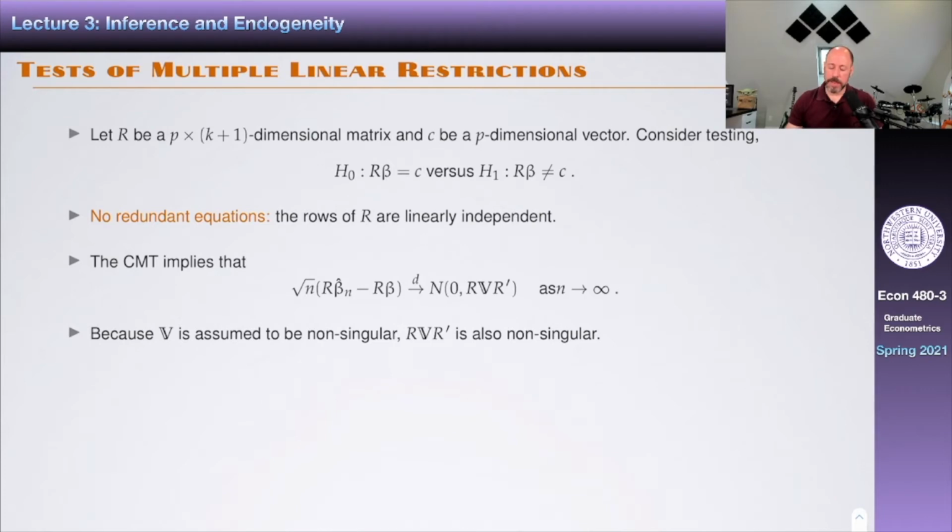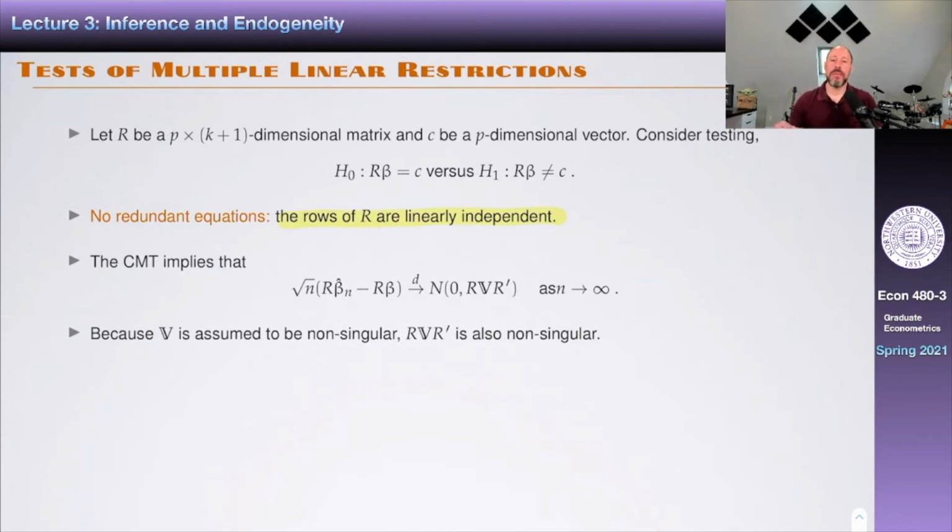We're going to consider testing the null hypothesis that R beta is equal to c versus the alternative that this doesn't happen. And one of the assumptions that we're making here is that the rows of R are linearly independent. Remember, R is a matrix of restrictions that you choose. So all we're saying is that you're not introducing redundant equations, right?